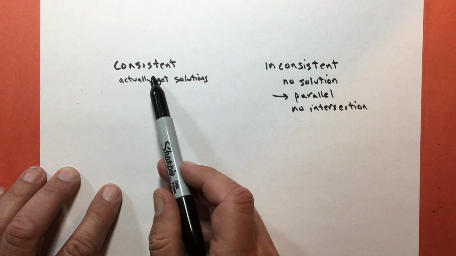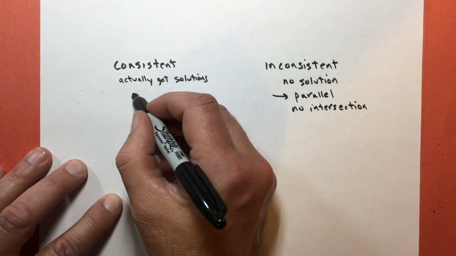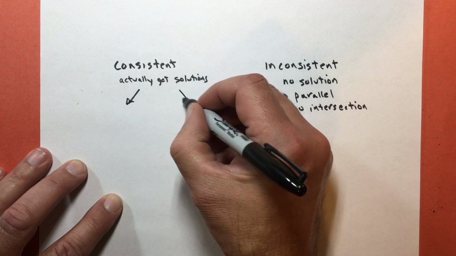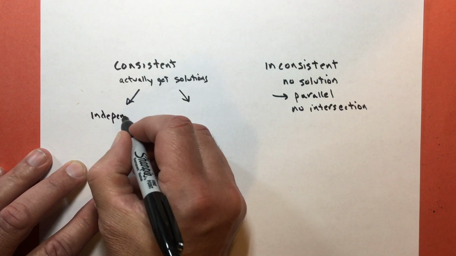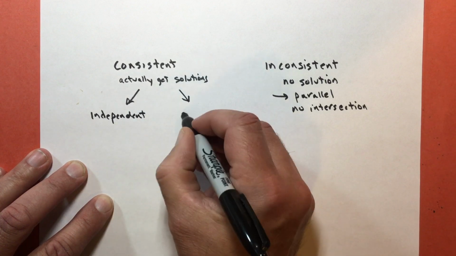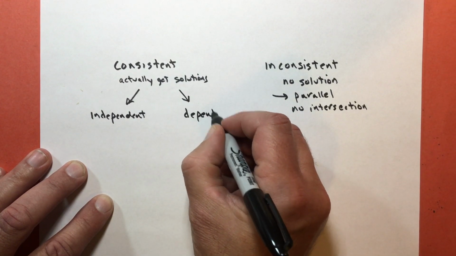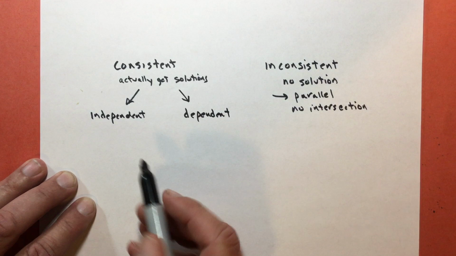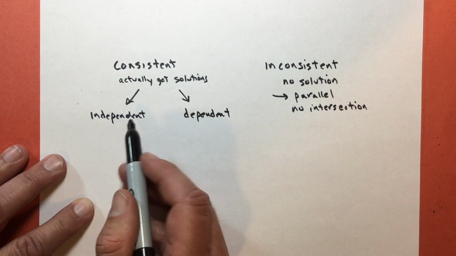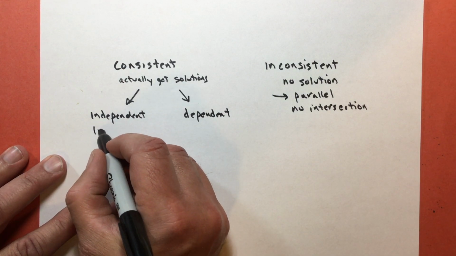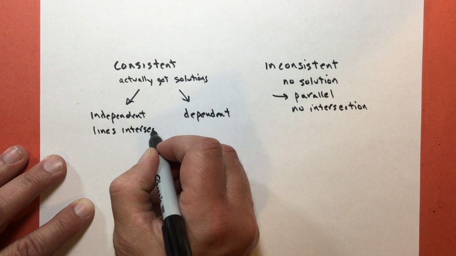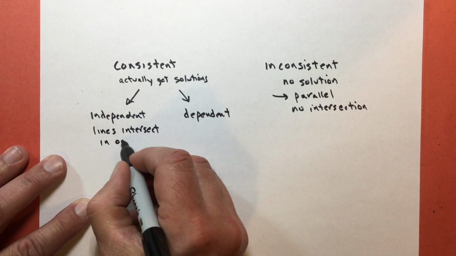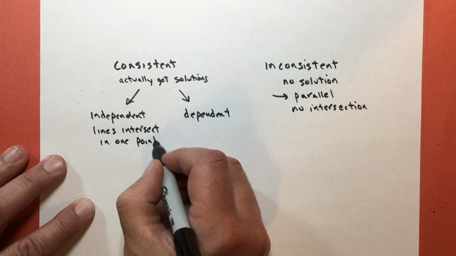On the other hand, it could be consistent. Consistent goes in two different directions. It could be independent or dependent. What's the difference? Independent is where you have the lines, if I graph them, intersect in one point.